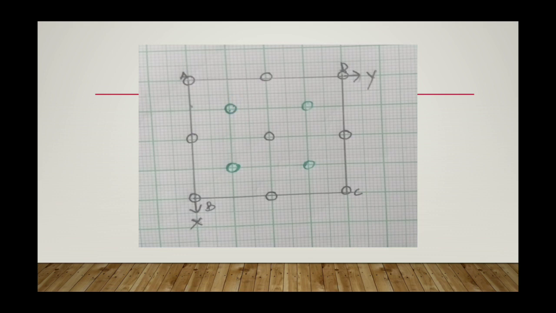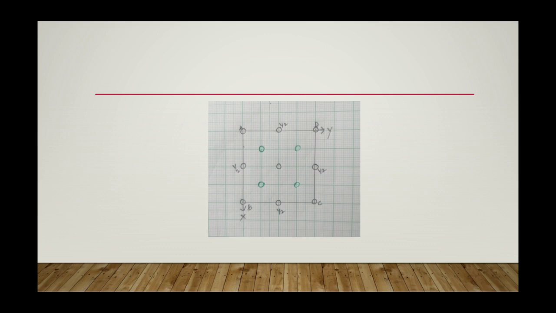Similarly, the second atom is here, and the rest are the third atom here, and fourth is here. And the Z coordinate can be explicitly written on the projection itself. I write 0 for the Z coordinate. The face center atoms are located at half of the height of the unit cell, so they all have half indices.